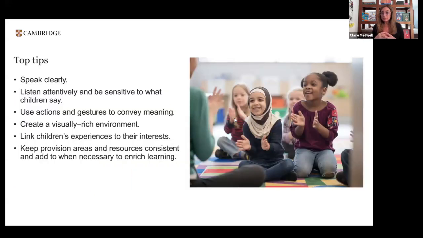So top tips for us as a teacher. The first thing is to make sure that we speak clearly and slowly for the children, repeating often. Listen to children, listen attentively and be sensitive to what they say, even though it may be a mix of home language, some of this additional language, and maybe even babble.